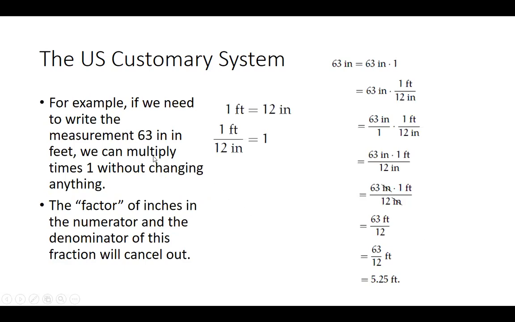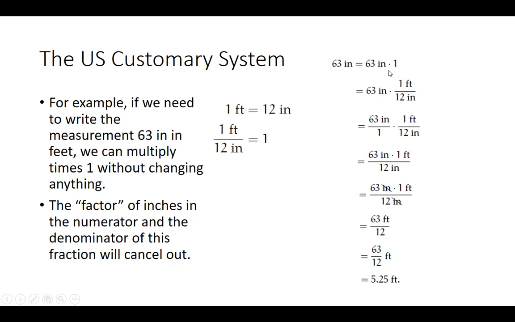If we need to write the measurement 63 inches in feet, we can multiply times 1 without changing anything. So up at the top here, we have 63 inches equals 63 inches times 1. We believe that. We can then say that 63 inches times 1 foot over 12 inches is also 63 inches.